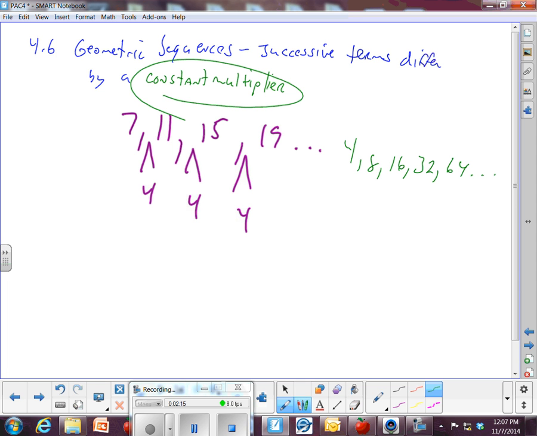In other words, what would you multiply 4 by to get to 8? 2, right? So this is a times 2. What happens when you do 8 times 2? And 16 times 2? And 32 times 2? And 64 times 2? And you'd be able to get the next number continually on, because in a geometric sequence, you have a constant multiplier.